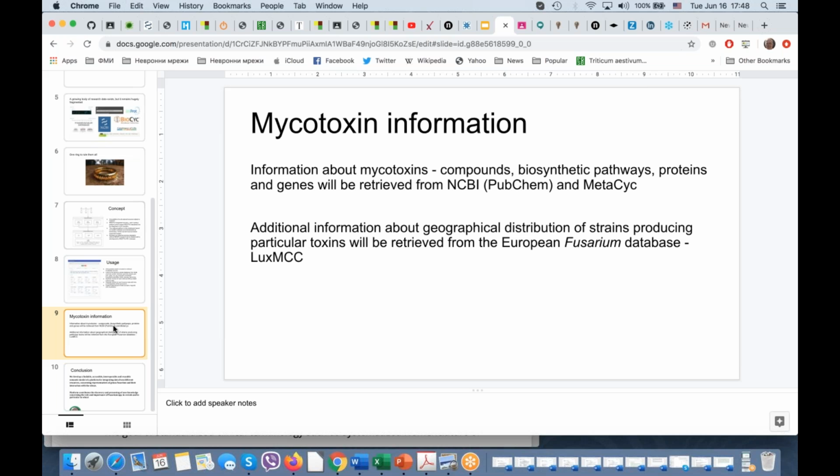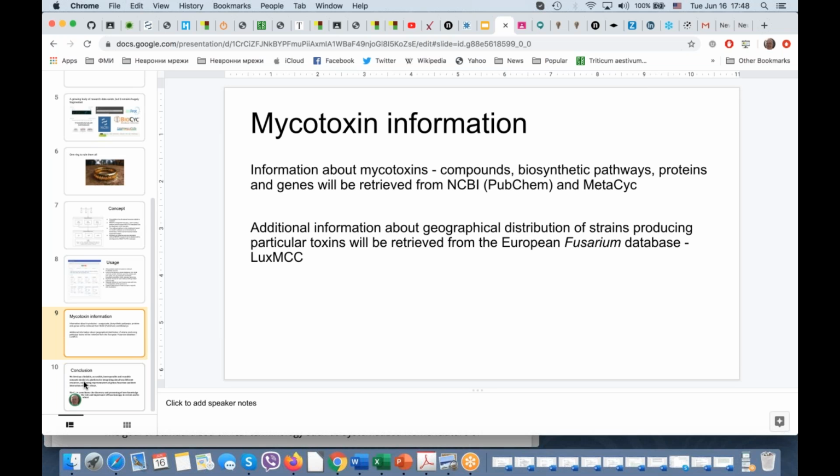We have information about the compounds, biosynthetic pathways, and proteins, retrieving them mostly from NCBI and MetaCyc. Additional information we are working on now is the geographical distribution of strains producing a particular toxin. It will be retrieved from the European Fusarium database called LuxMSCC.